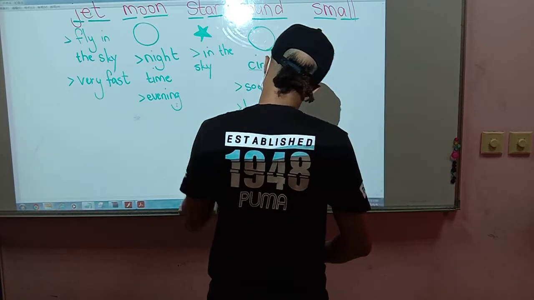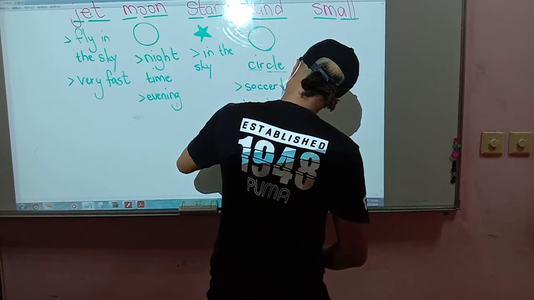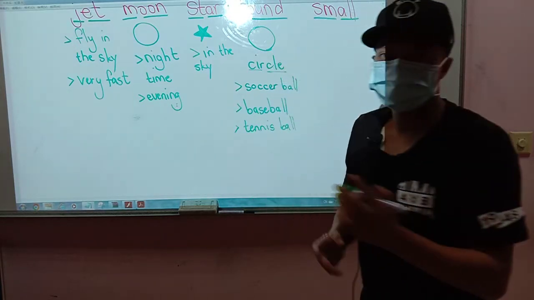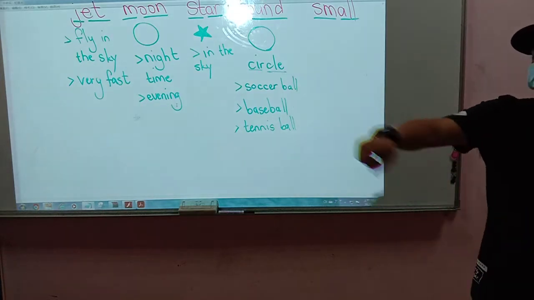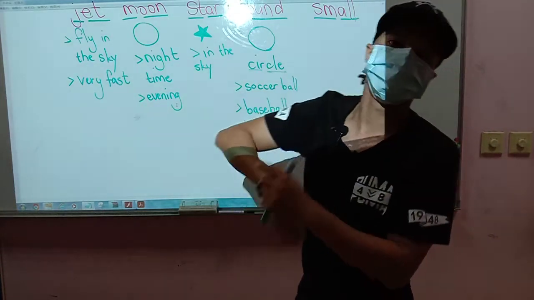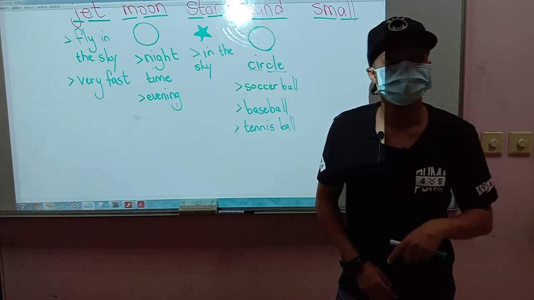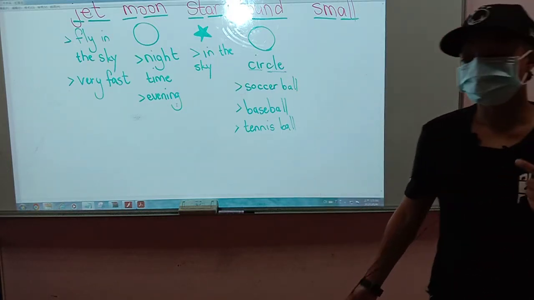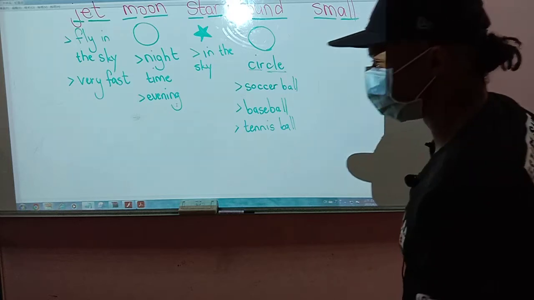I can think of a tennis ball. Right? So at home, I want you to look around in your room or in your house and try to find things that are round, okay?